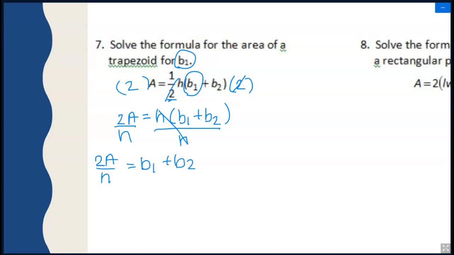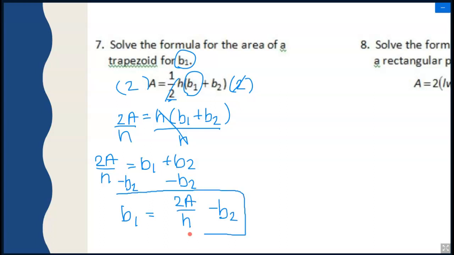And then I want to get B2 to the other side, so we'll subtract it. So base 1 of the trapezoid is equal to twice the area divided by the height minus base 2.